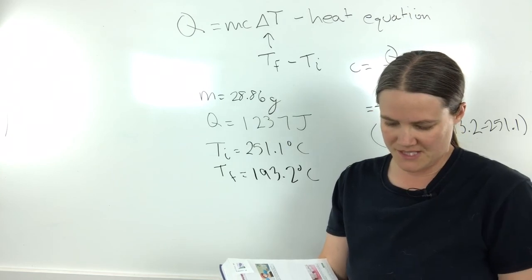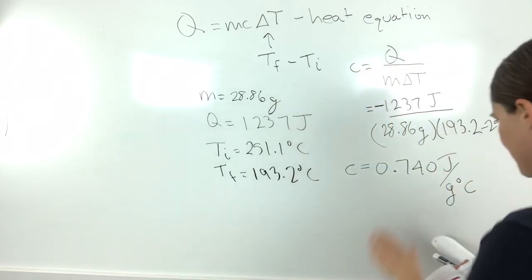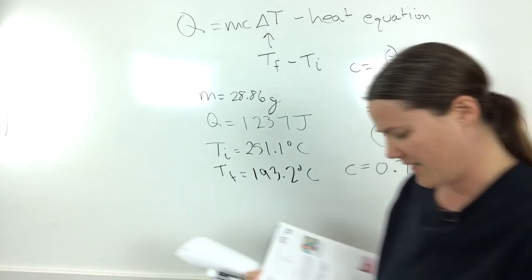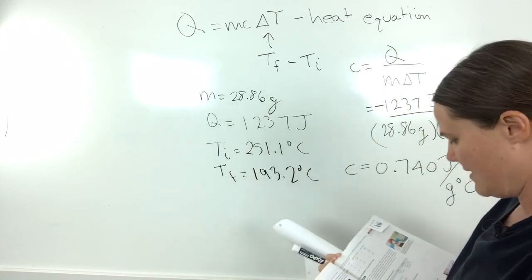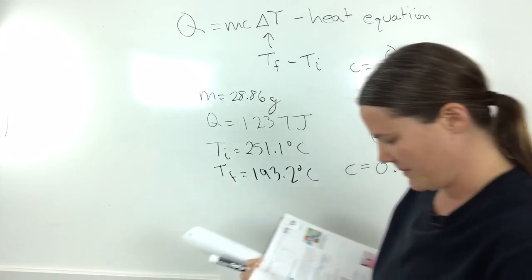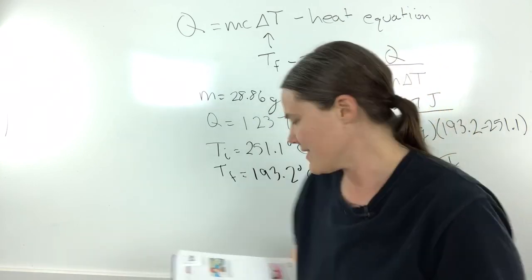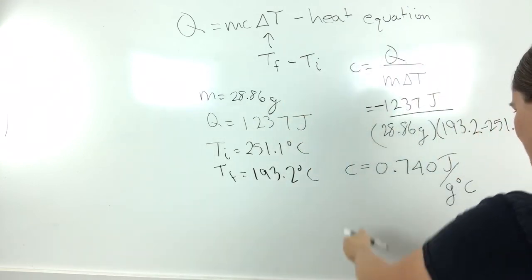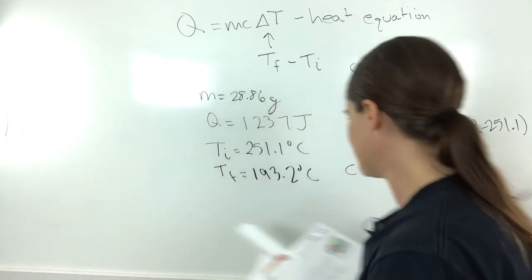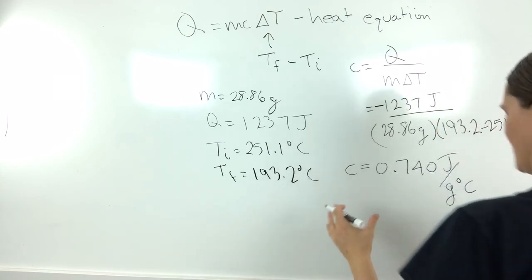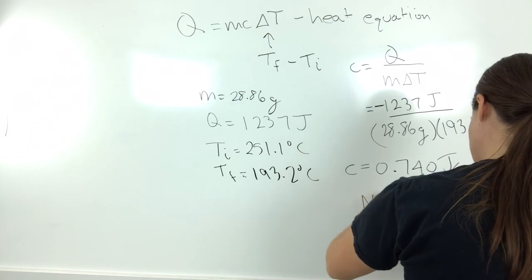If I look at the specific heat table, it's table 3-6. Just looking at some of these values, aluminum is 0.897 joules per gram degree C. Sodium chloride is 0.864 joules per gram degree C. So going off this table, the closest substance to this specific heat is sodium chloride.